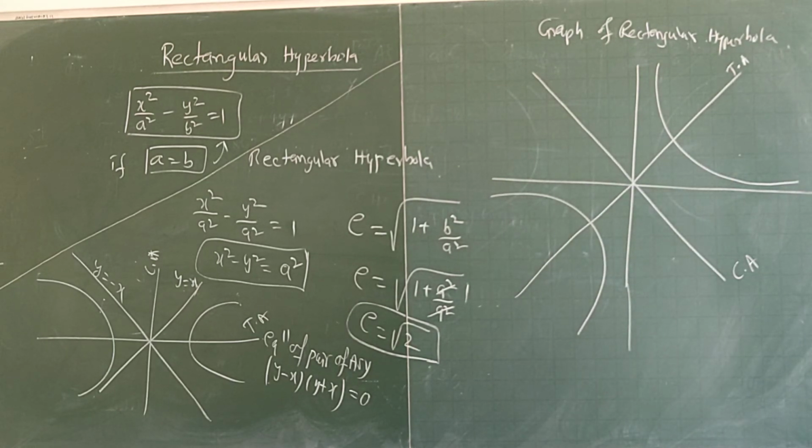So the asymptotes of the rectangular hyperbola are the x and y axes. What are the asymptotes?